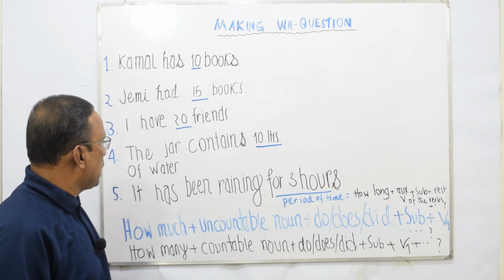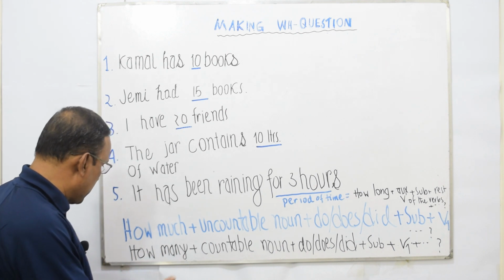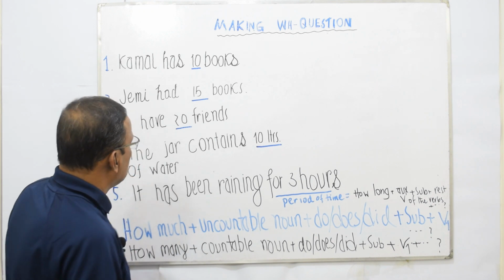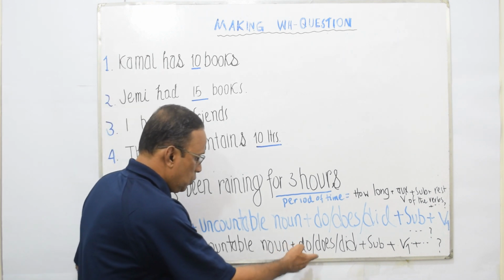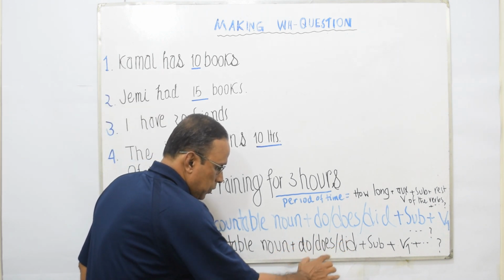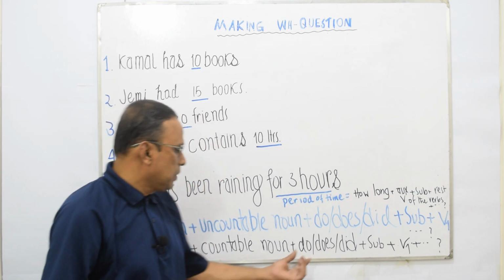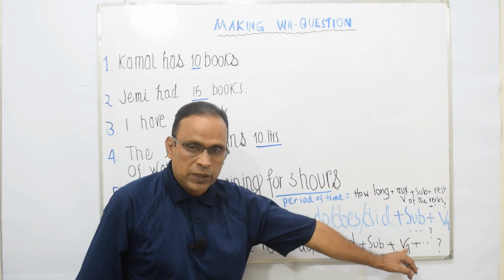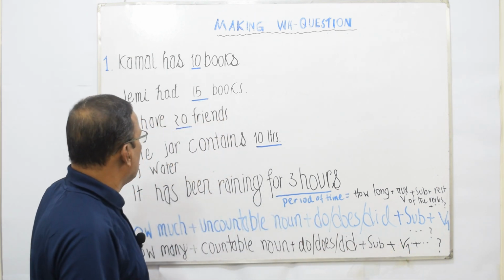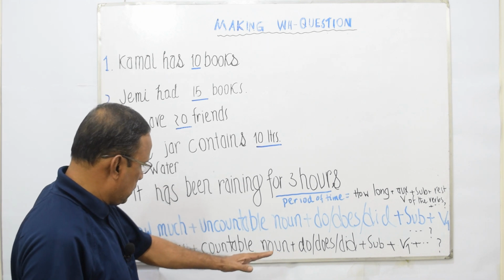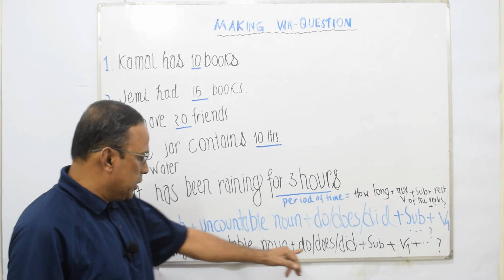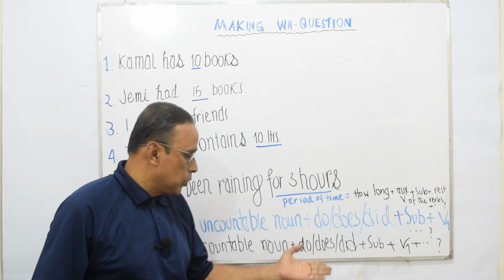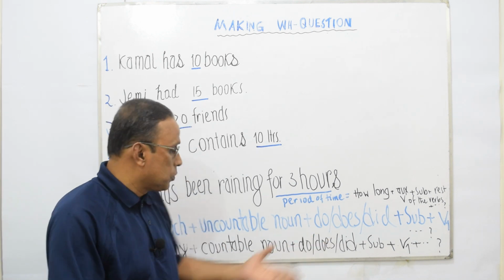So this time we can use the structure I have written here: how many plus countable noun, then do verb, either do, does, or did, does or do for present time and did for past time, then subject plus present form of the verb. Sometimes we can use a be verb or some other modal verb here also.